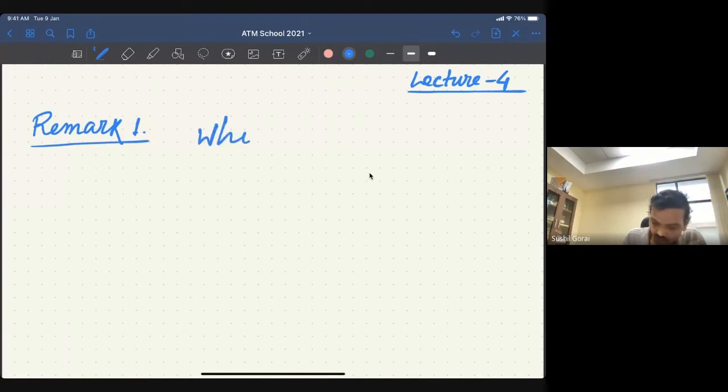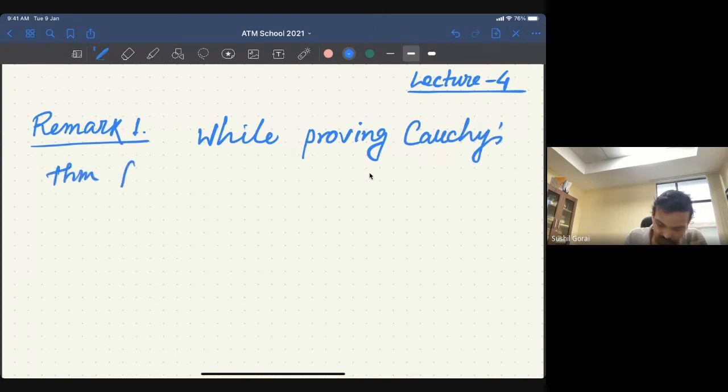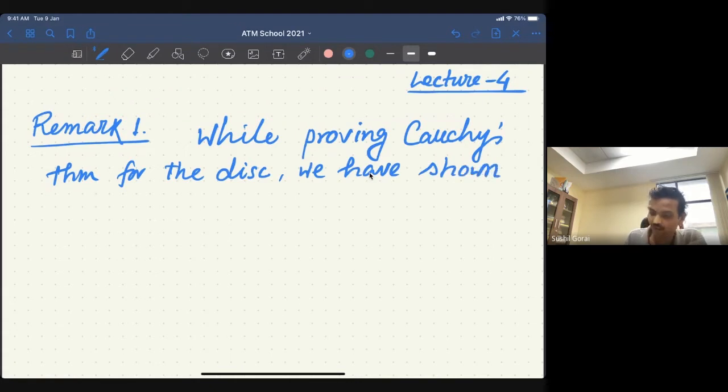While proving Cauchy's theorem for the disk, we have shown the following. The following stuff. So this part is important.